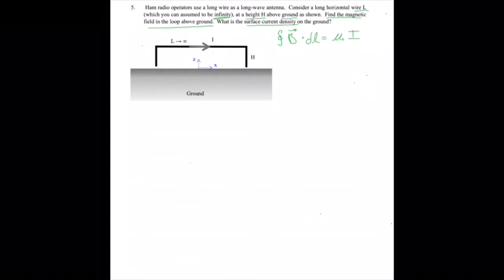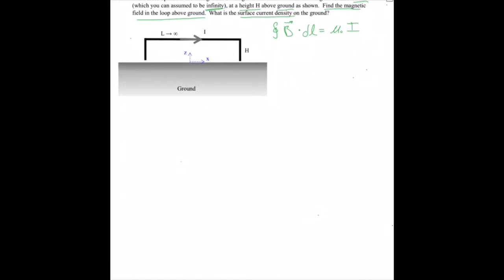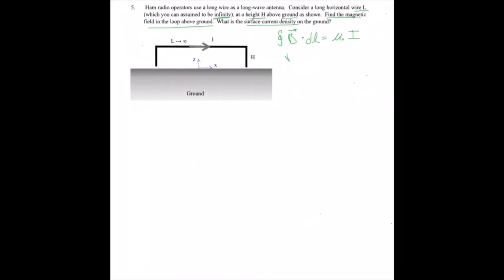We can simplify if we meet two conditions. The magnitude of the B field is uniform on the contour, meaning within our circle, and the direction of the B field lines up with the contour, so the dot product always equals 1. So when we simplify this, we get B L, our length of our loop, equals mu naught I.